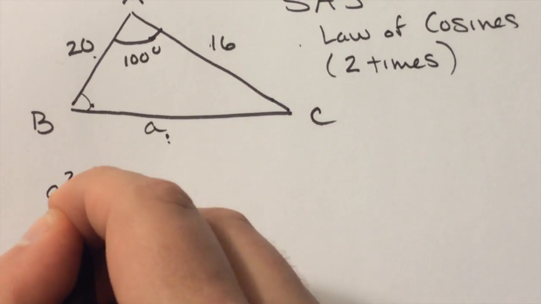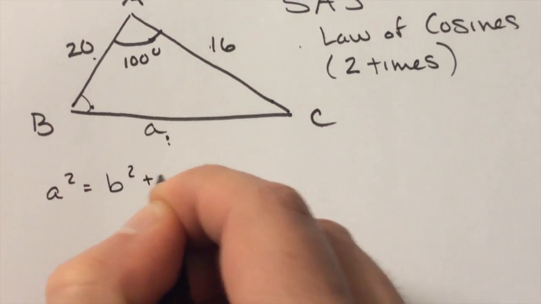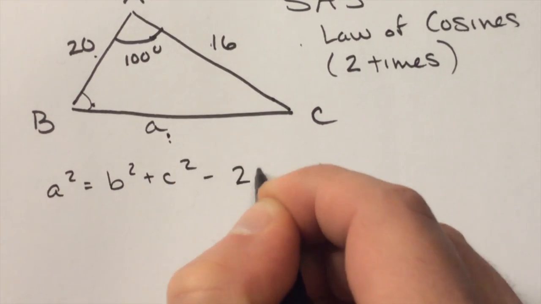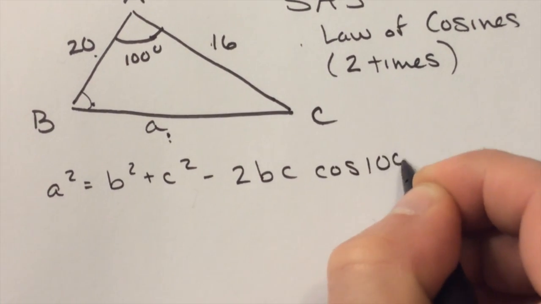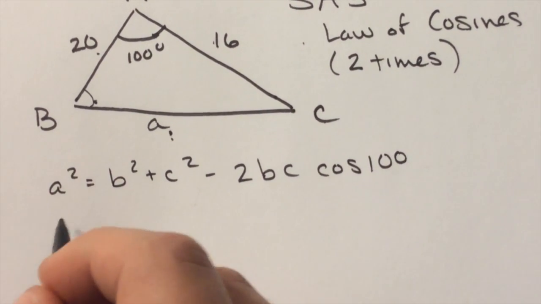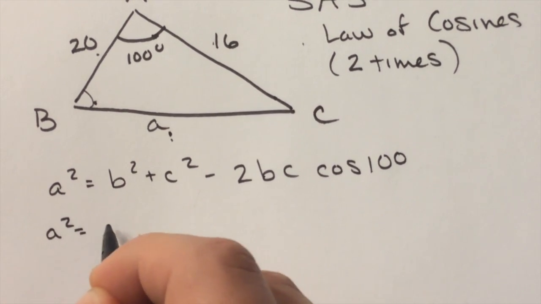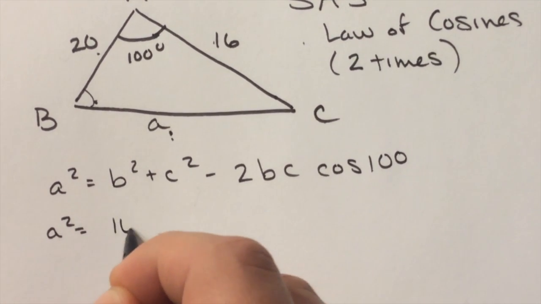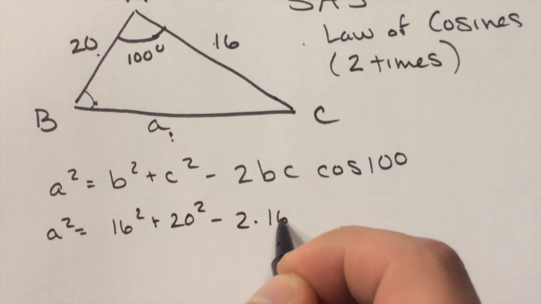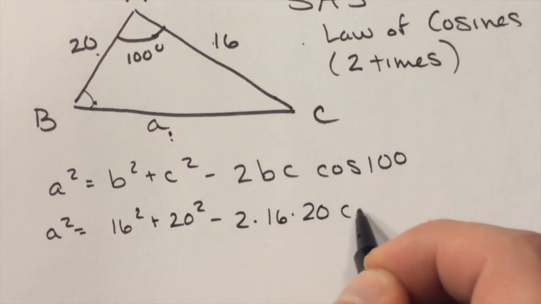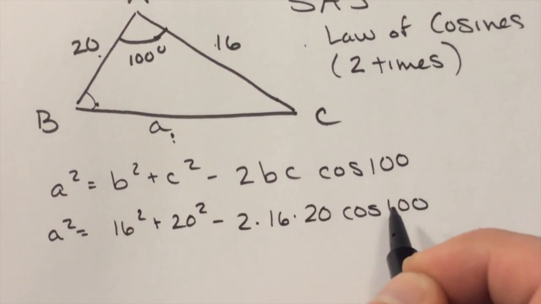So we put a squared equals b squared plus c squared minus 2bc cosine A. So I'm just going to start plugging in. A squared equals b squared, so 16 squared, plus 20 squared, minus 2 times 16 times 20 cosine 100.